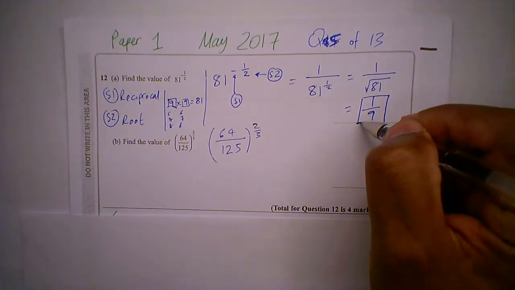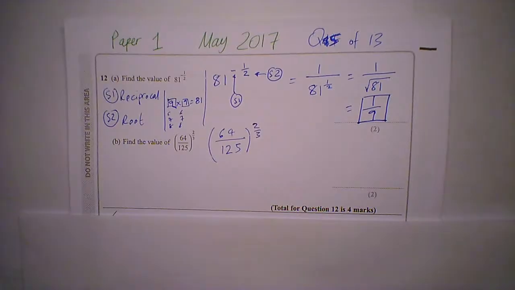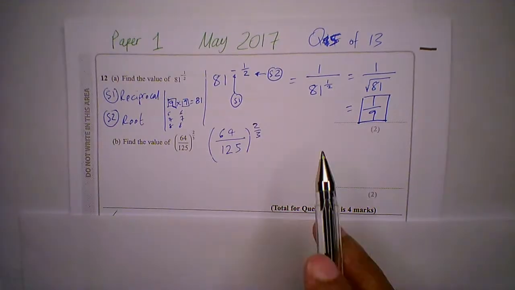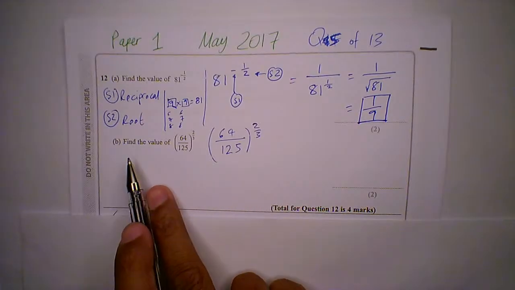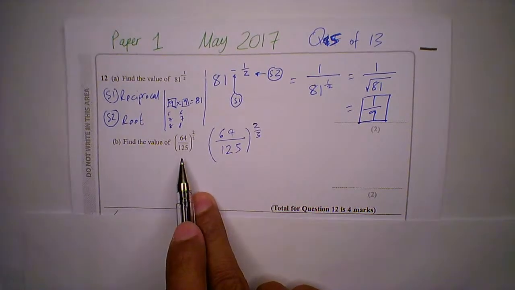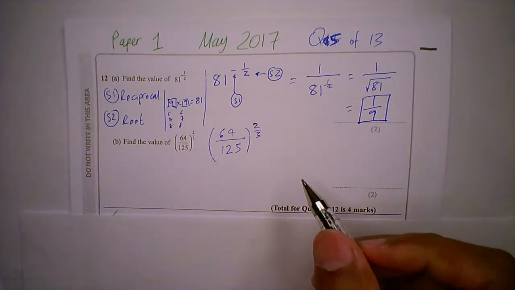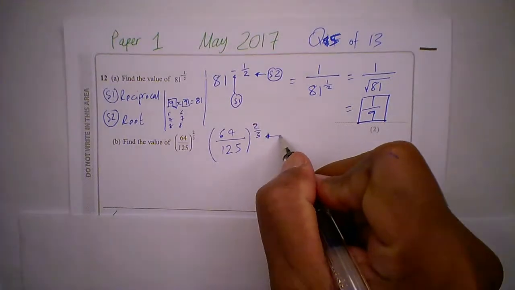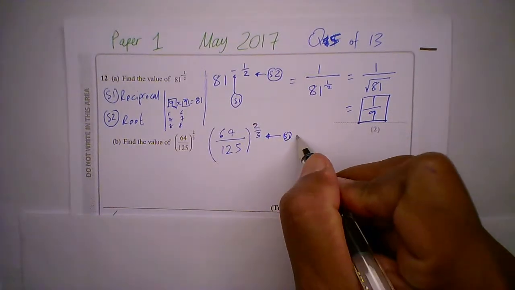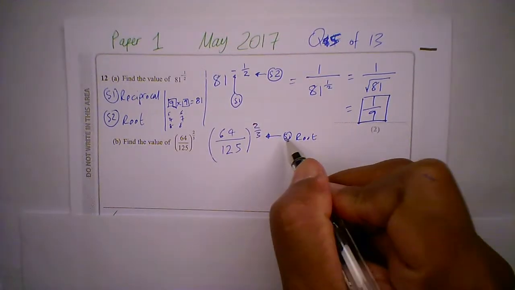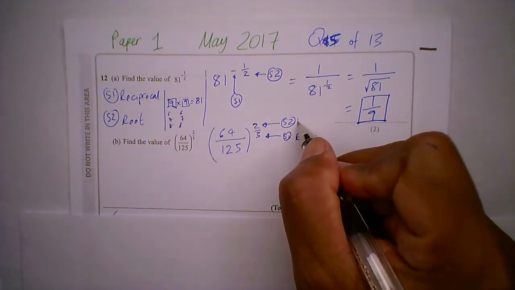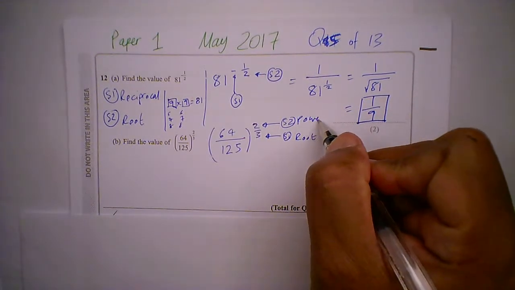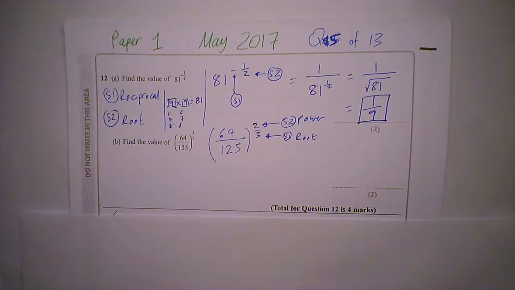Hopefully, if you know your times tables, that's going to be quick and easy for you. Let's go to the next part, part b. Find the value of 64 over 125 raised to the power 2/3. Similar to previous questions, step 1 is my root. Notice 3 is coming up quite often. Step 2 is raising it to the power. We've worked with 2 before, so we can speed it up a little.